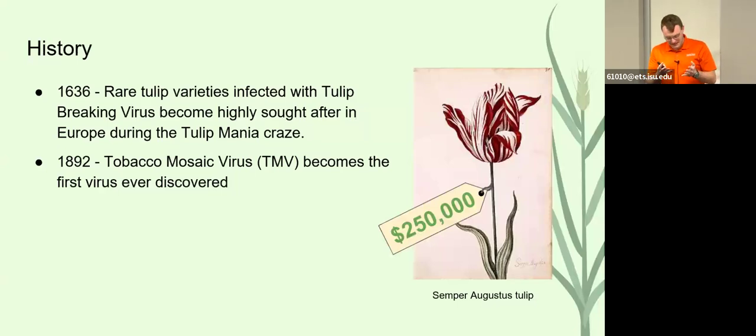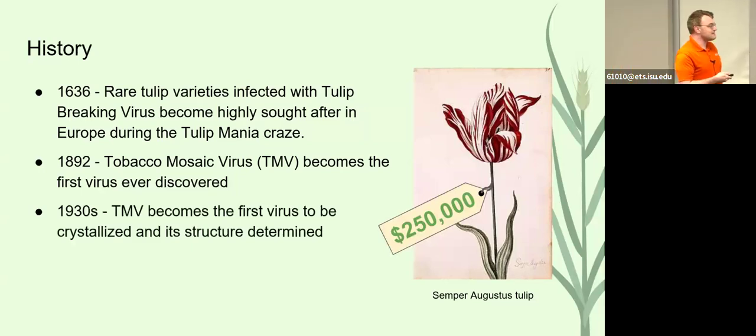So they realized that the liquid didn't have bacteria, but it still caused them to be sick. So we called it poison. Virus, in Latin, means poison or liquid disease-causing agent. So tobacco mosaic virus is actually the source of the name virus.